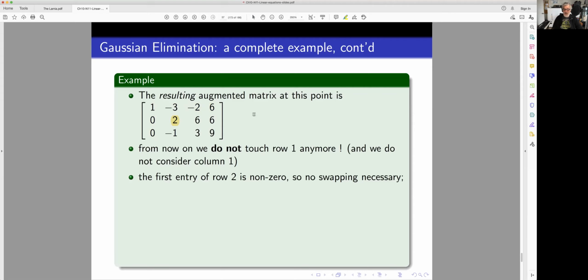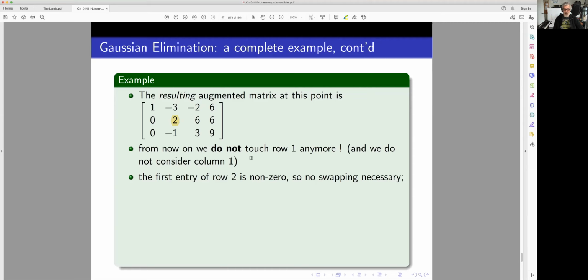Notice again, if you had a 0 and you're going to swap rows, you do not use row 1 ever. You don't touch it anymore, because if you start doing that, you will screw up everything you've done. You do not touch row 1 ever again. So here it's non-zero, so I don't need to swap rows.